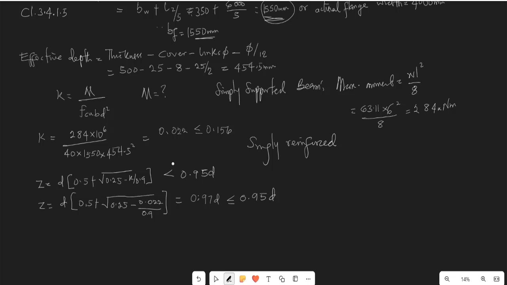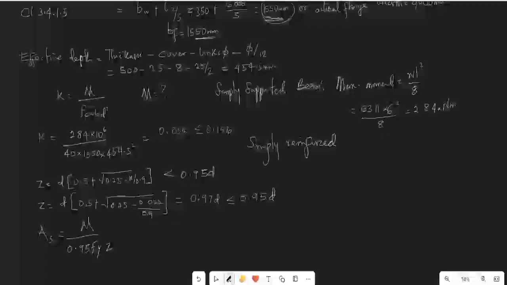So our AS, which is the area of steel, can be calculated using our usual formula, M all over 0.95 FYZ.